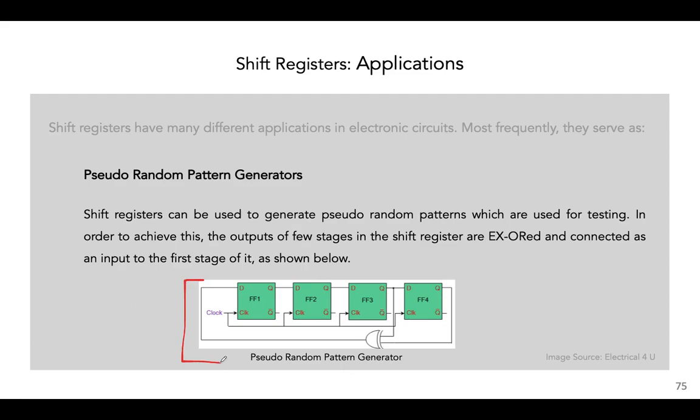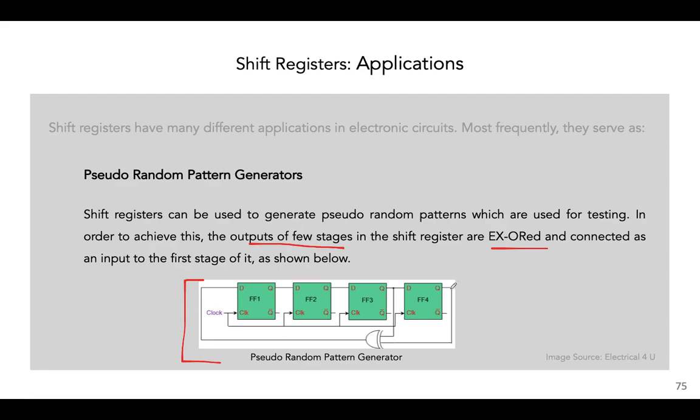What's interesting here is outputs of a few stages, not like the counters. In the case of counters, the serial output of the entire shift register was fed back into the register. In this current application, outputs of a few stages are XORed and connected as input to the first stage.